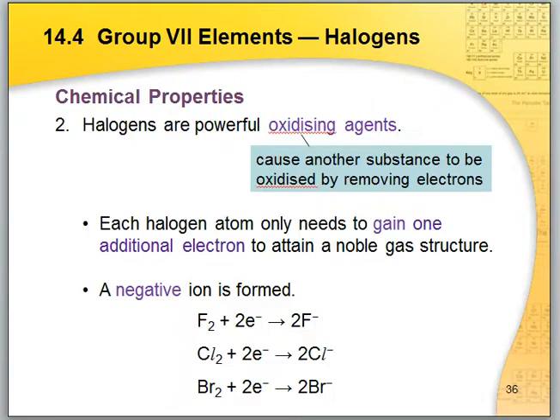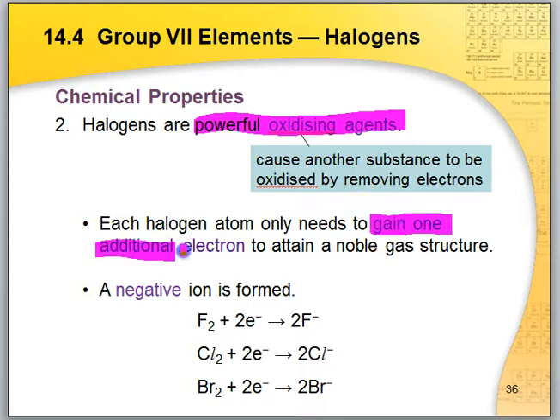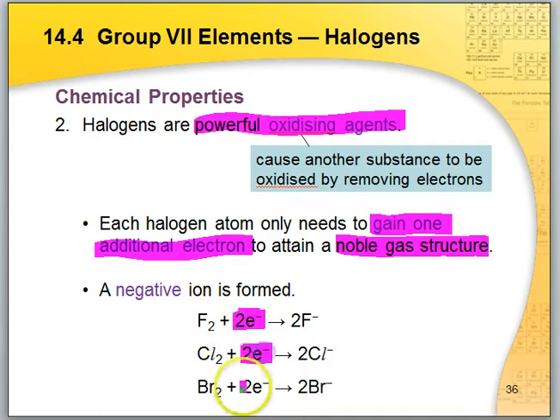Now, the second thing is that halogens are powerful oxidizing agents. Why are they powerful oxidizing agents? It's because they will gain one additional electron to form a noble gas structure. So all my halogens will gain electrons.